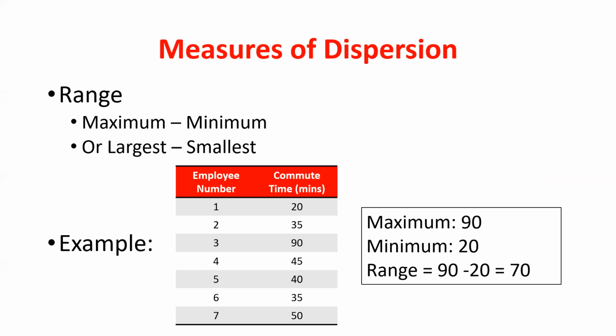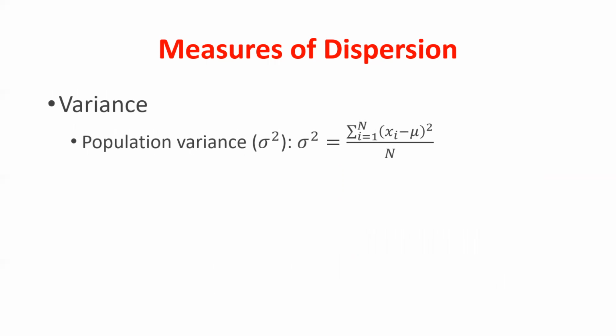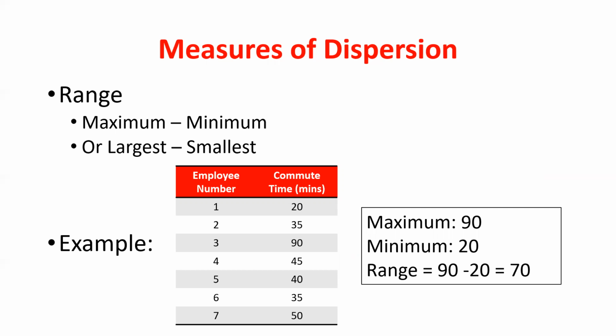Now, the problem with the range is, like, what if I had a data set that looked like this? And it went from 1 all the way up to 100, right? I had exactly 1 observation on each value.